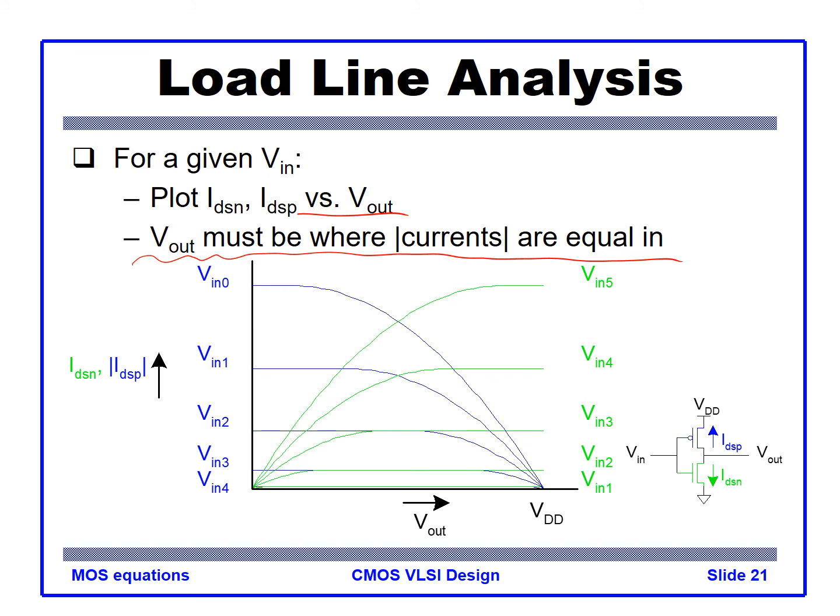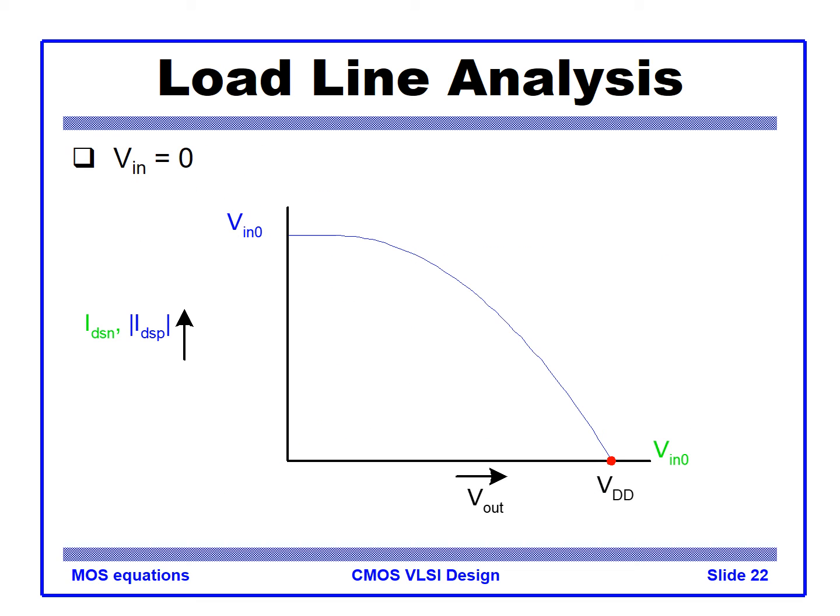For example, if the Vin is 0 for this structure, the NMOS will be off with no current, and the PMOS will be on, right? So the output will be VDD. The PMOS will have this kind of current relationship because the output is VDD, so VSD is VDD minus V out.